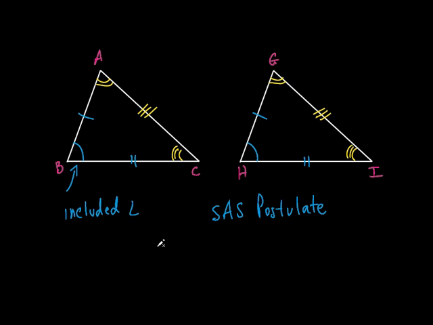So if I know the triangles are congruent, let's write the congruent triangles. If I knew that triangle ABC is congruent to, make sure they match up. A matches up with G, and then the B matches up with H, and then the C matches up with I. So if these triangles are congruent to each other, because of side angle side, I must know all the other stuff is equal to each other as well.